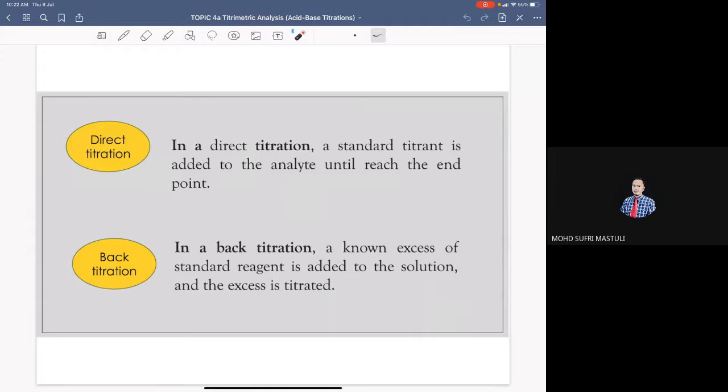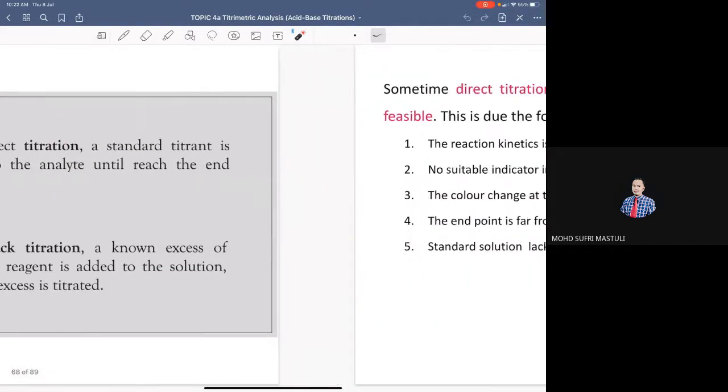So in back titration, an excess standard solution is added to the solution, and the excess will be titrated during the second titration. So I hope you can differentiate what is a direct titration, what is back titration.